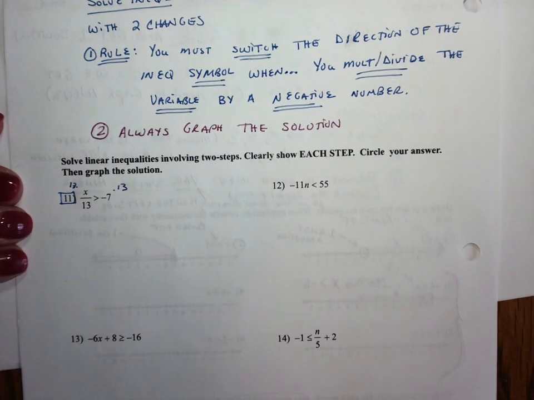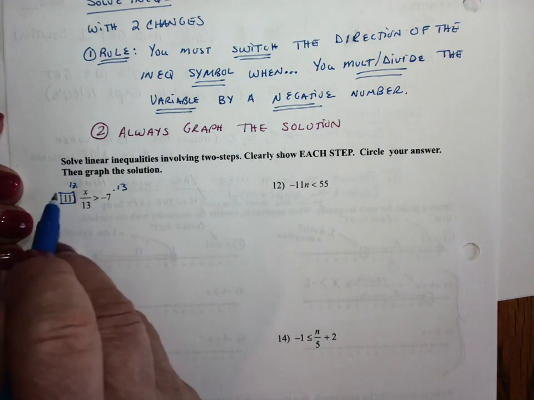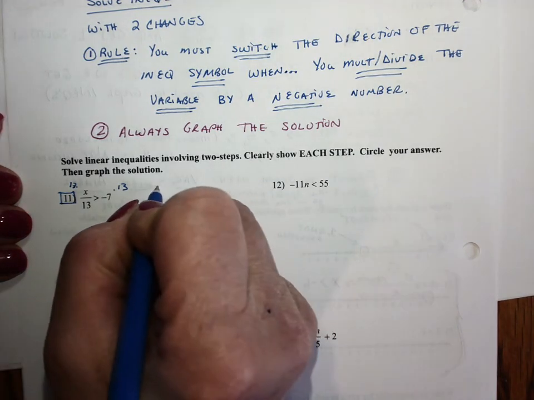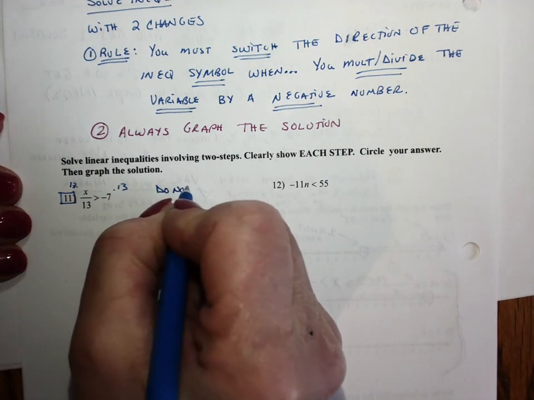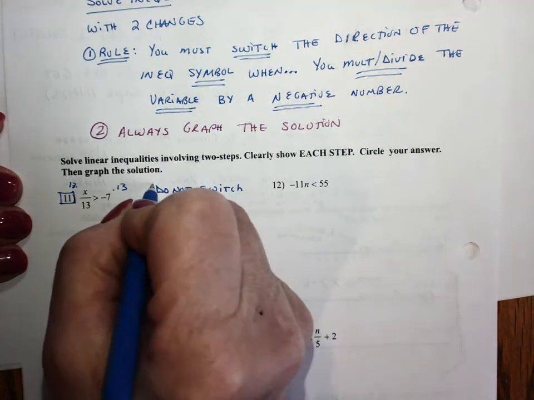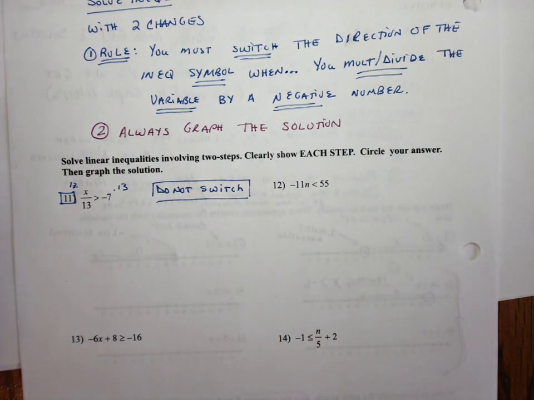And I'm going to let you finish this. But notice the variable is multiplied by a positive number, so you do not switch in this case. And I'm going to give you the answer key so you can do the problems.